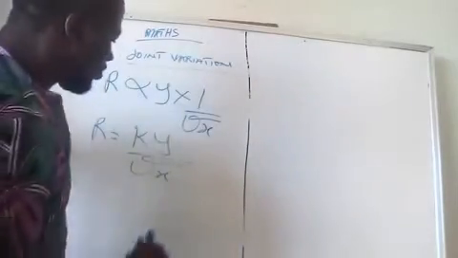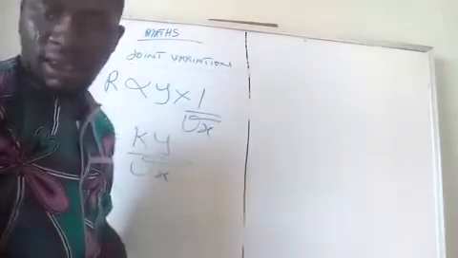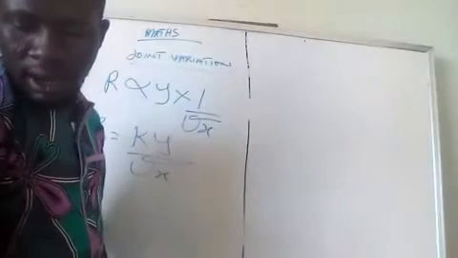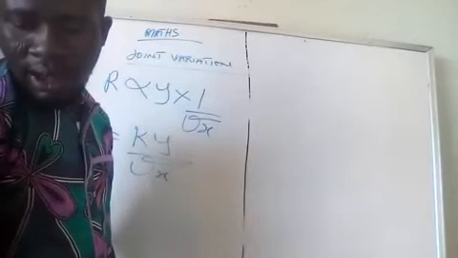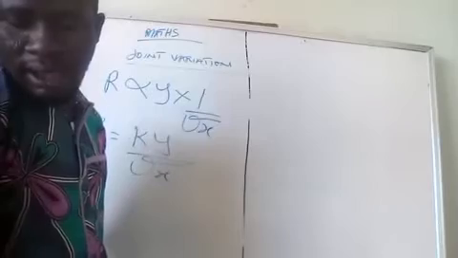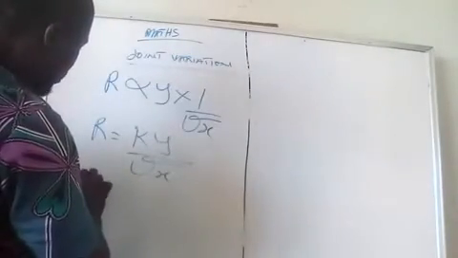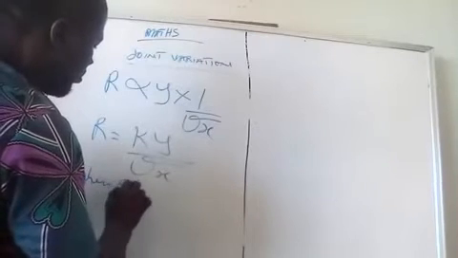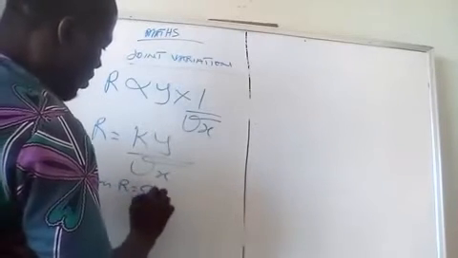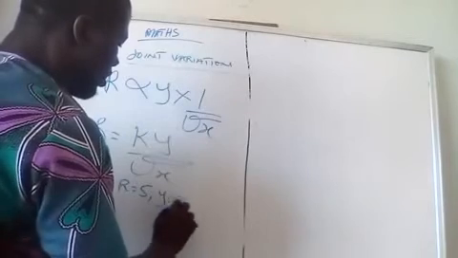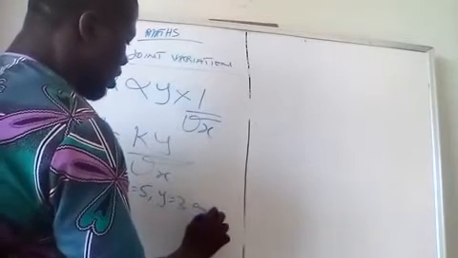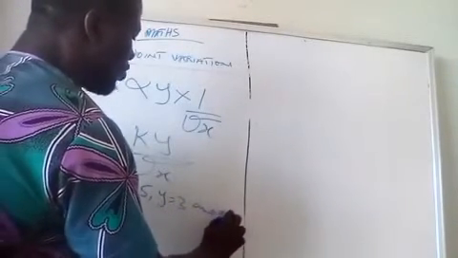So the first numbers they gave us were R equal to 5, Y equal to 3, and X equal to 9.